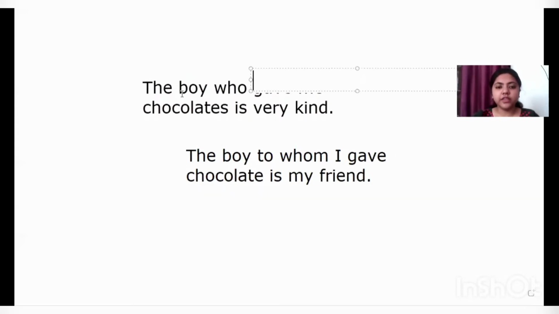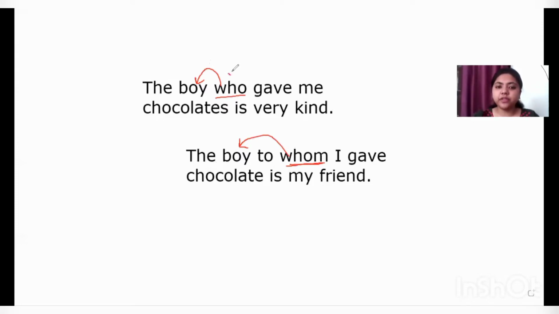Here the meaning of the sentence says that we are referring to the boy. The boy has given me the chocolate. But in the second sentence, the boy to whom I gave chocolate, that means I am giving the chocolate and he is the object of my action, that I gave chocolate to this boy.